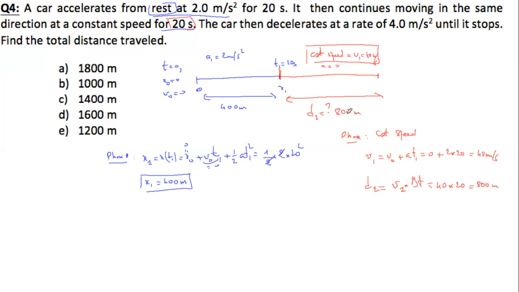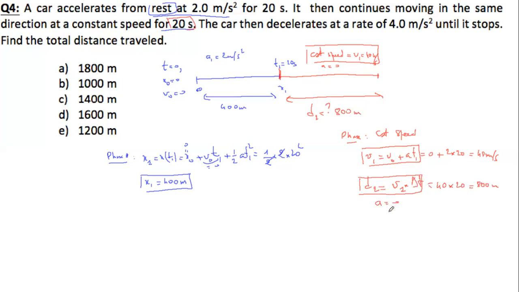Be careful here. Okay. This is also a constant acceleration equation. So be very careful. If you want to use the constant acceleration equation here, you say that the acceleration here is 0.